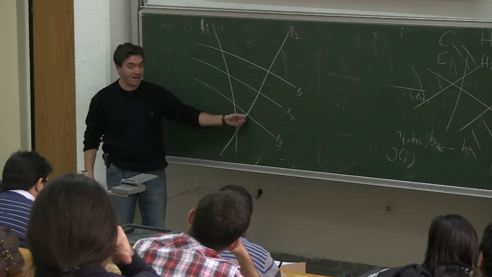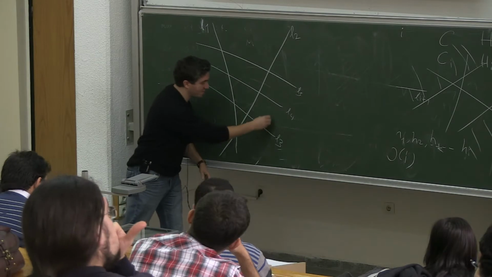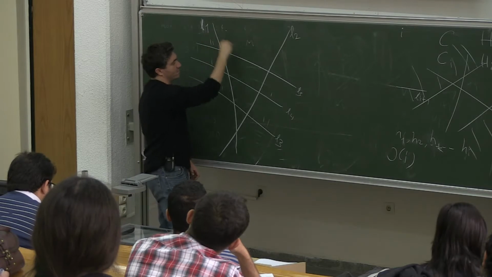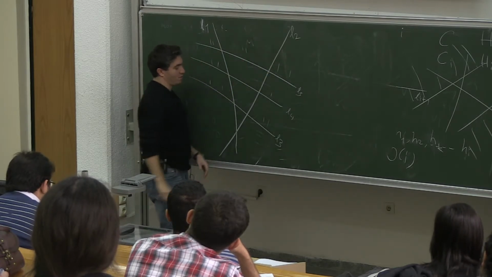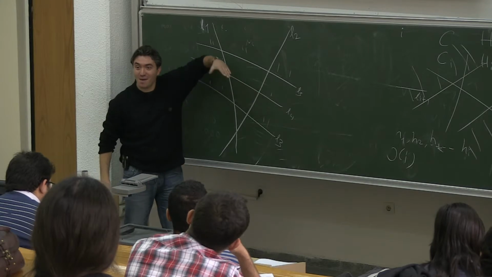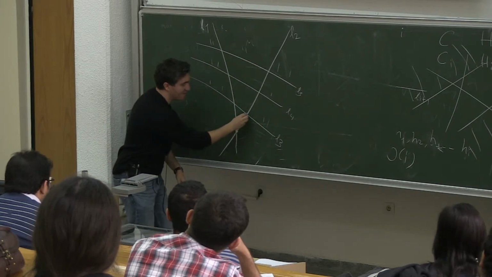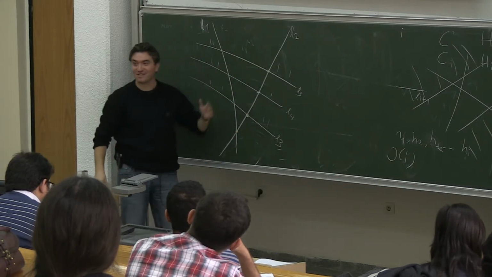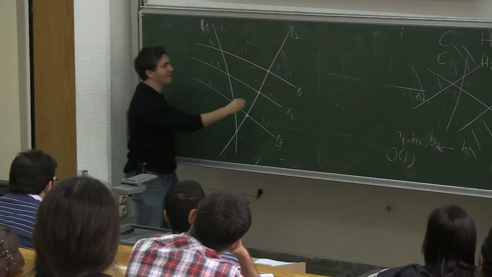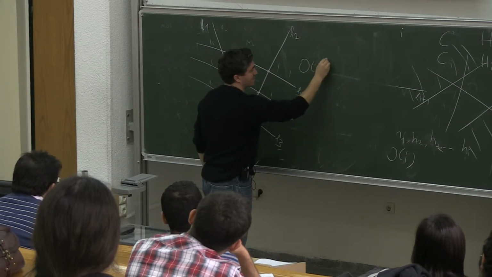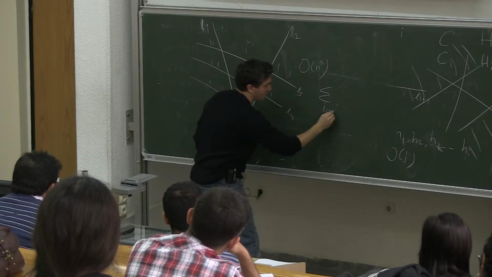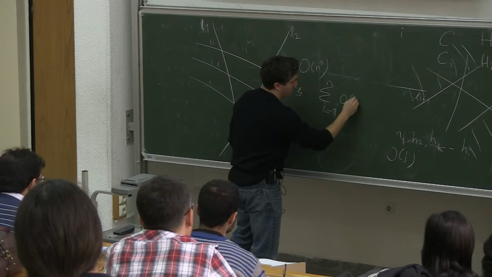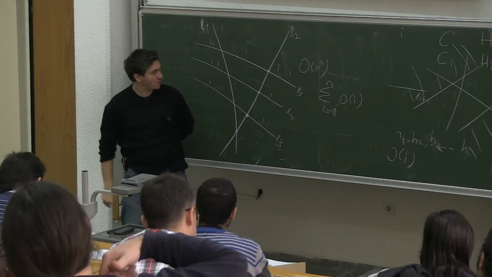Each time I add a new line, the feasible region is always up. So each time I'm adding a new constraint, I'm updating. So Vi was initially this, then it's going to be this, then this, then this. If all your constraints are ordered like this, this is going to take O(n) squared time at the end, the sum for i equal to 0 to n, which is O(n) squared.